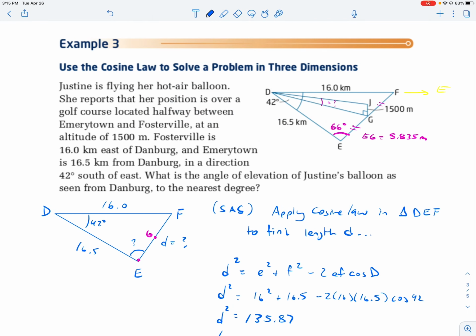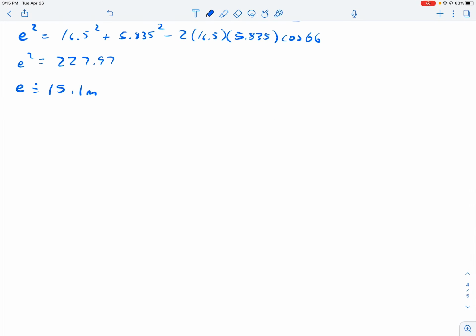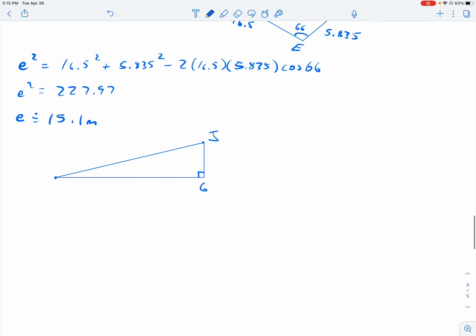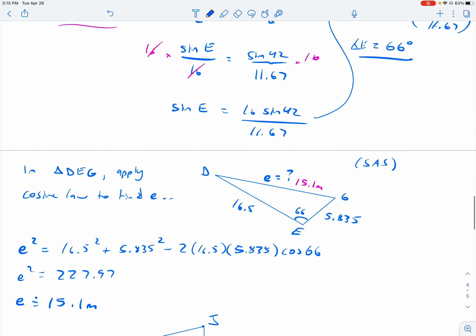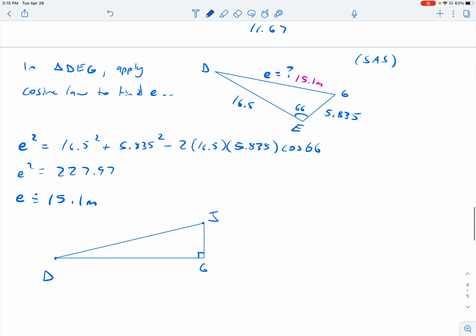So I'm going to draw DGJ. And that should be point D here, right? Okay, so D to G, we just found that. That's 15.1. That's this here.